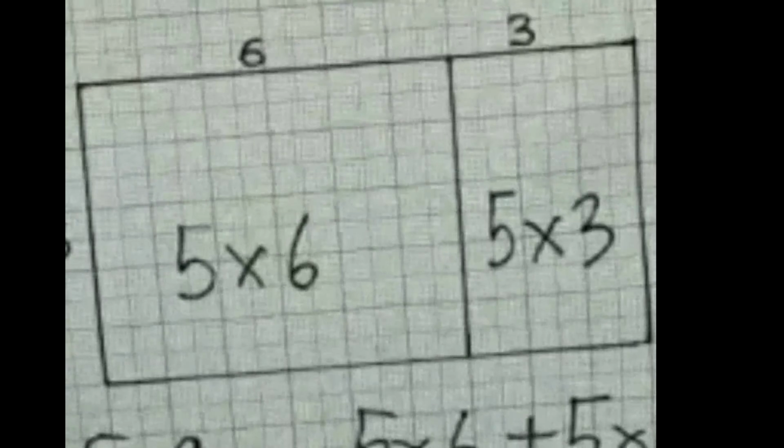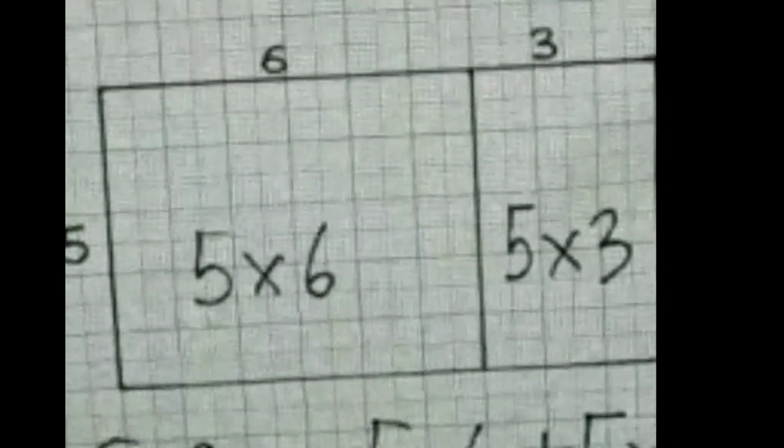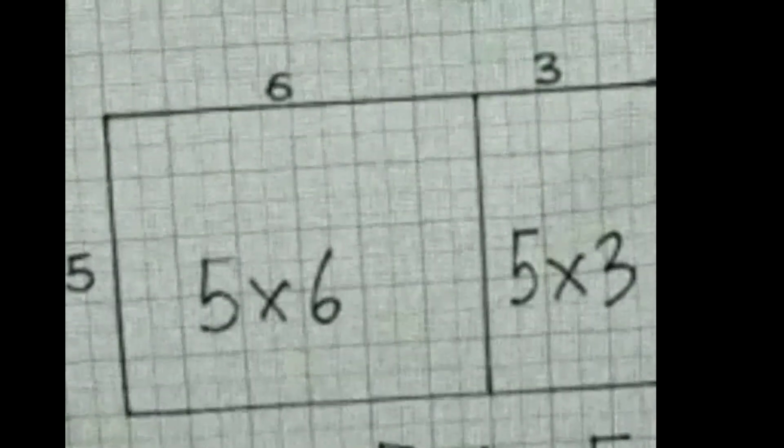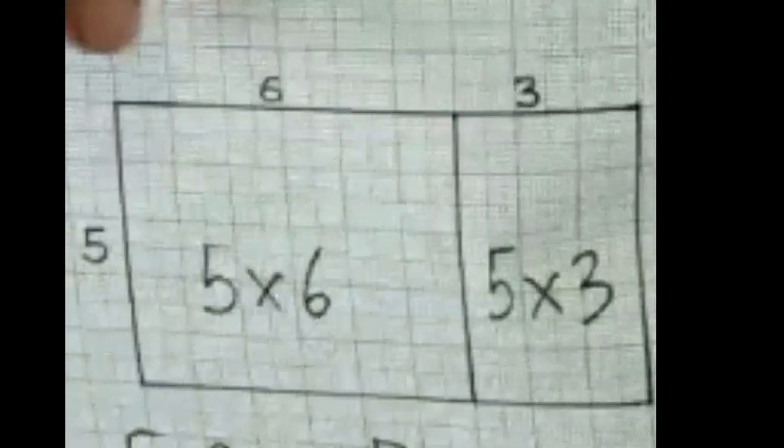And I've written below the same thing in numbers. The big rectangle, which is 5 into 9, is 5 into 6 plus 5 into 3.